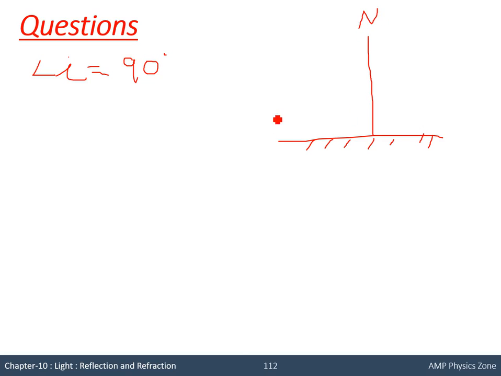Now if angle of incidence is 90, it means the ray will move parallel to the surface like this. So the reflected ray will also move like this. Actually reflection will not take place, but according to the law of reflection, angle of incidence will be equal to angle of reflection. So we can say the reflected ray will move parallel to the incident ray or parallel to the surface.